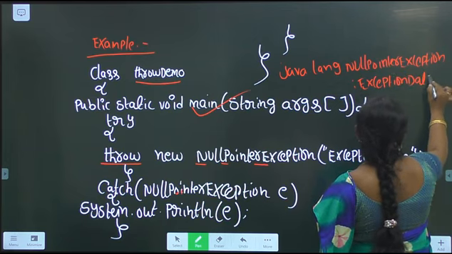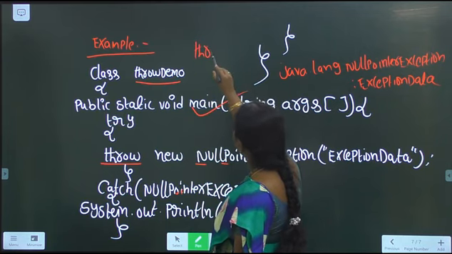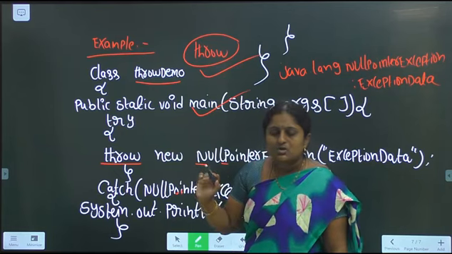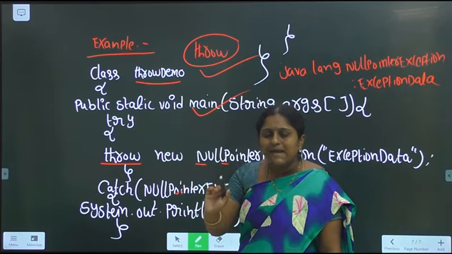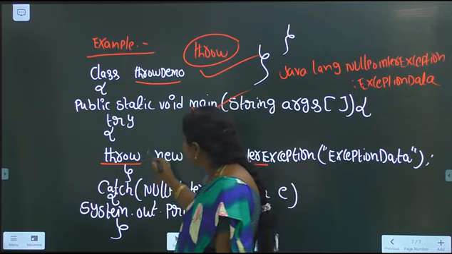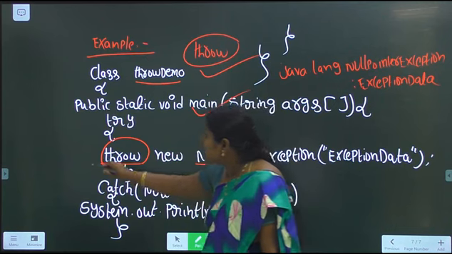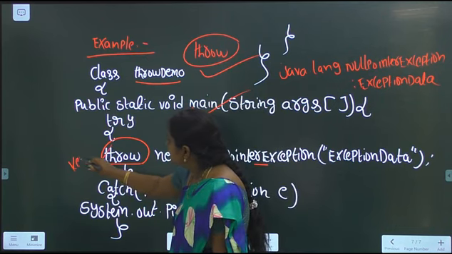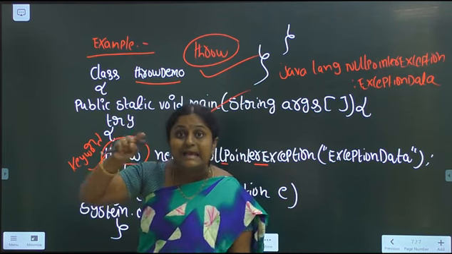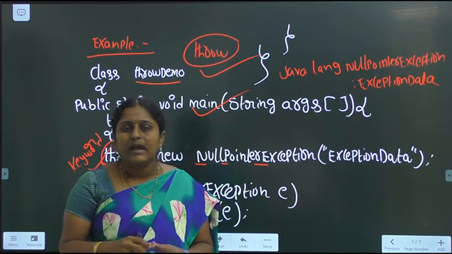So that is the importance of the throw clause in Java exceptions. Whatever is done by the JVM in our programming, the same can also be done by using which statement? Throw. Throw is the keyword. The functionality of the throw keyword is to explicitly raise an exception. Okay, thank you.